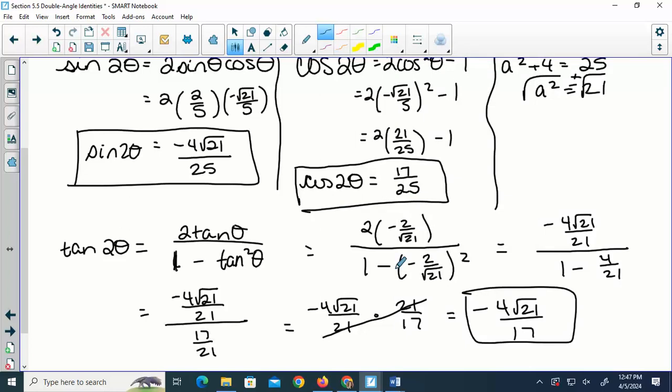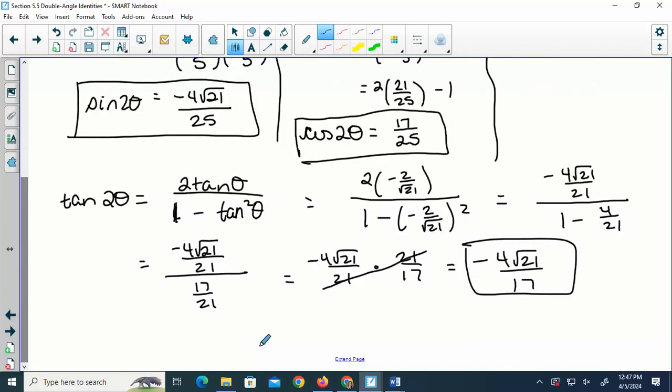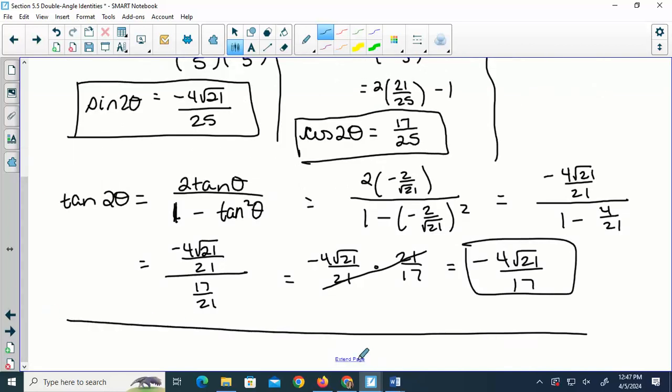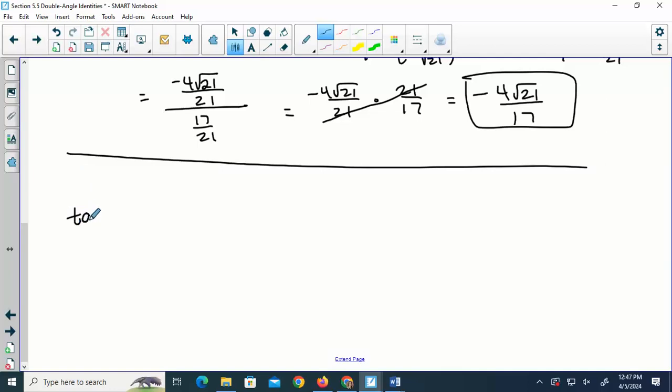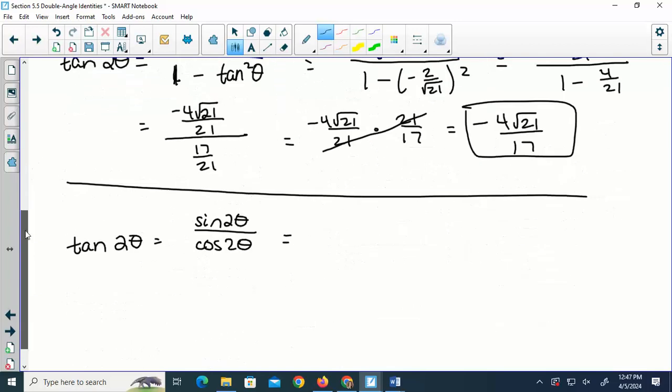Since we already have sine and cosine for 2 theta, we also know from our other identities that tangent of 2 theta would have to be equal to sine of 2 theta over cosine of 2 theta. And we found sine of 2 theta was negative 4 radical 21 over 25.